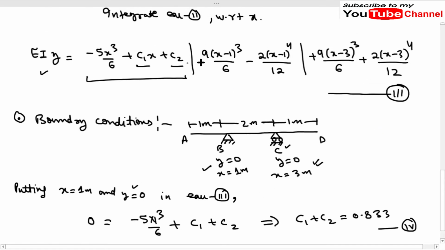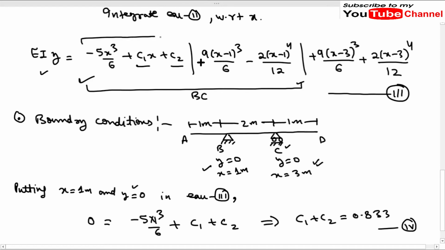So I will just take the terms up to the second vertical line from here, because this whole equation will be valid from here to here. This whole equation is valid for the segment BC, and this initial 3 terms will be valid for segment AB.